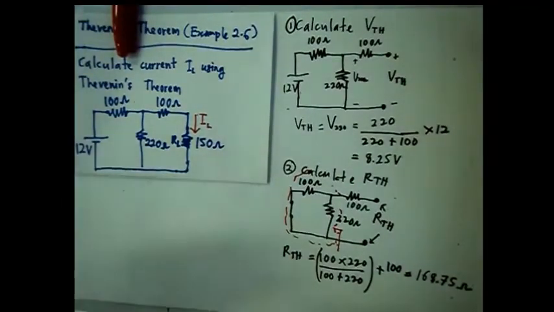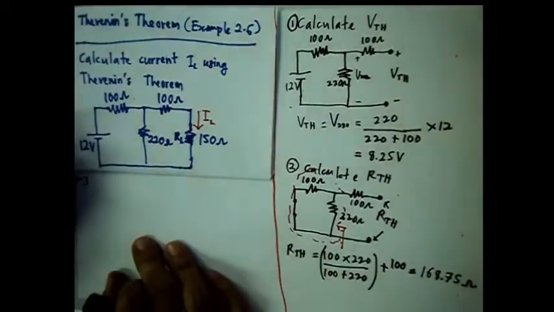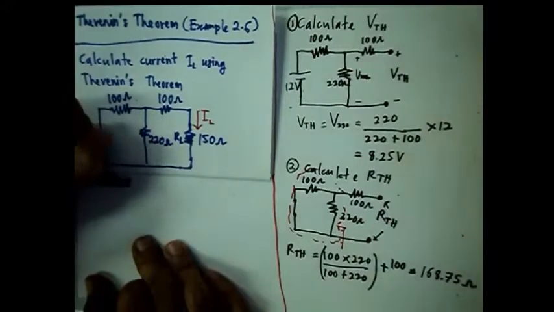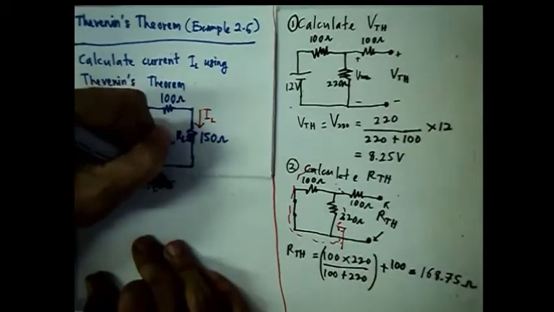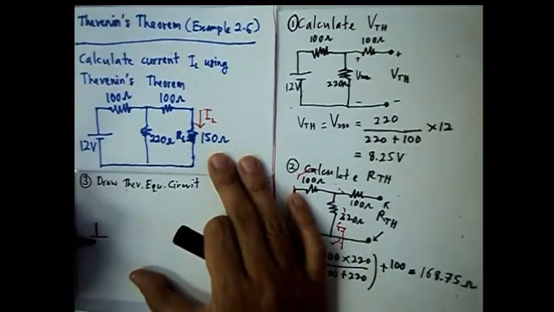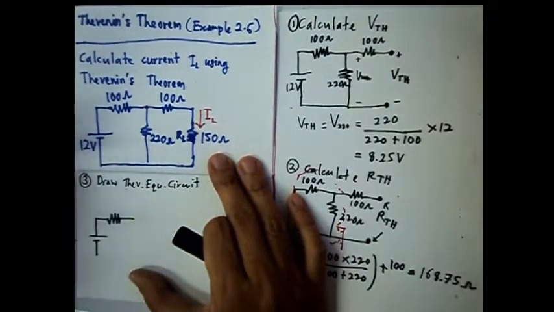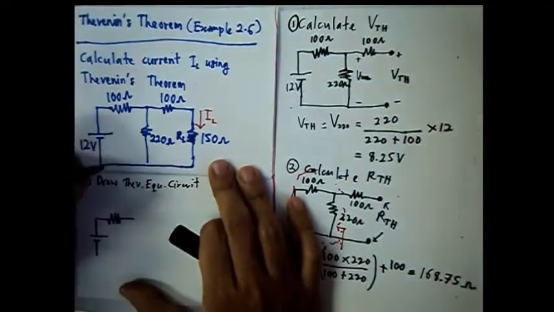And now the last step is to determine the IL that is required by the question. So we draw the Thevenin equivalent circuit. The Thevenin equivalent circuit is the standard circuit where your VTH will be the supplied voltage and RTH will be the internal resistance, which will be arranged in series.